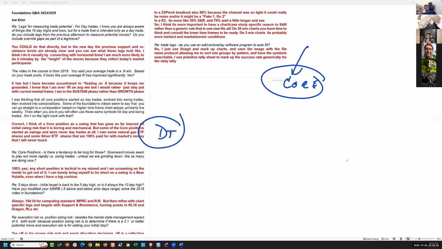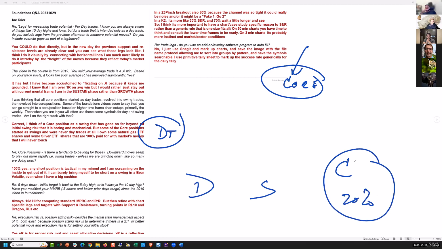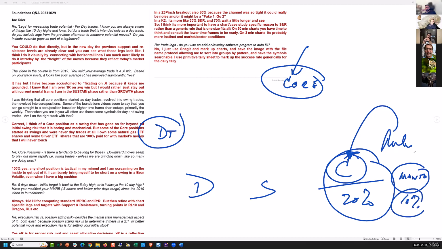because in my core, swing, and day trading portfolio, about 20% of my money is here. And I act on that on the basis of the rules that the core system tells me. So I know I'm going to hold that for a month with a 10% trailing stop.